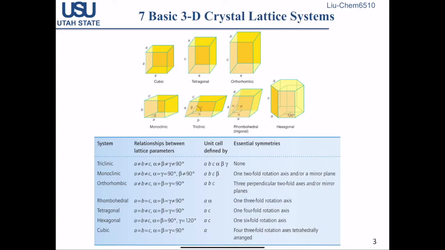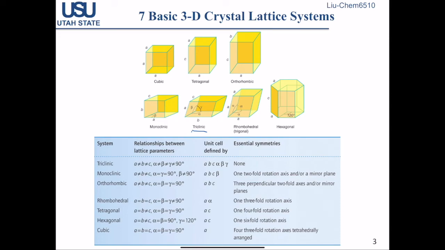Then, if we talk about the 3D crystal lattice arrangement, or lattice systems, we have 7 basic options. The first one is triclinic. You see in this triclinic, it's very simple.